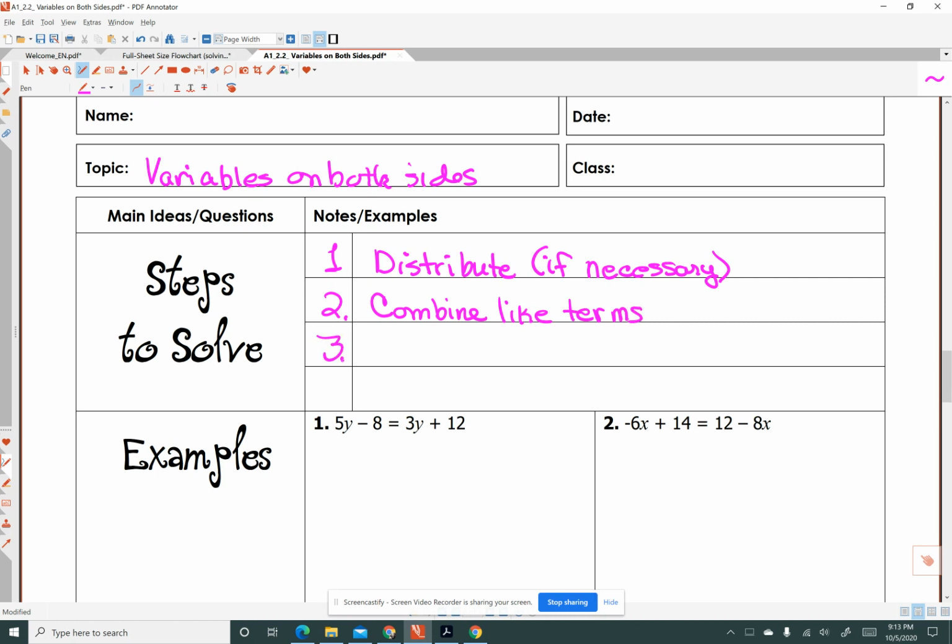And here's our new step. This is something new. We will move the variables to one side of the equation.